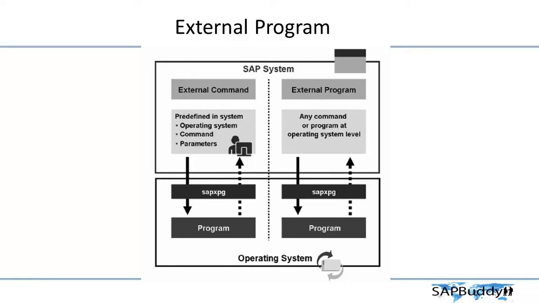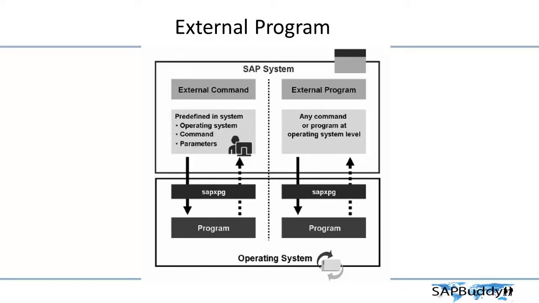The external commands, the operating system commands, are predefined inside the SAP system. So you can create an external command in the SAP system. This is basically the operating system commands. Whatever commands you can execute at the OS level can be created as a command inside SAP. And these commands can also be passed additional parameters.